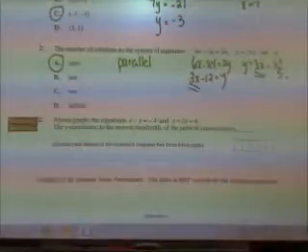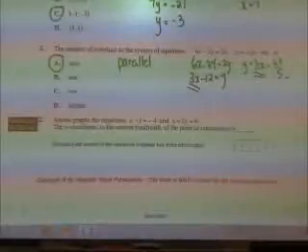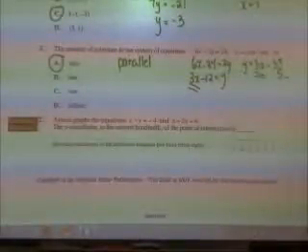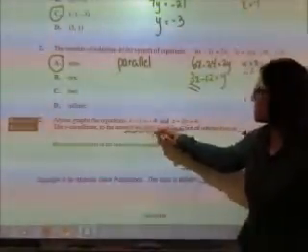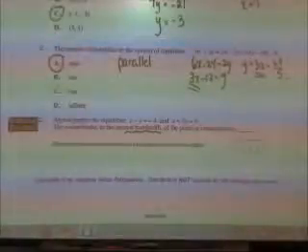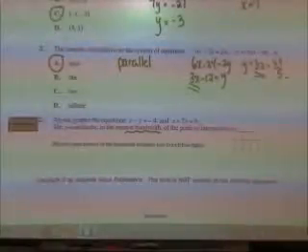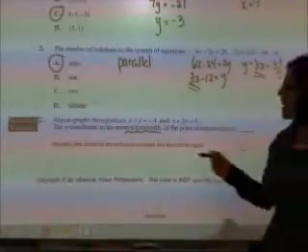Alyssa graphs the equations x minus y equals -4 and x plus 2y equals 4. The y coordinate to the nearest hundredth of the point of intersection. If you see something that says nearest hundredth, chances are it is going to be a decimal of some sort. So I could graph this, put it into my graphing calculator.